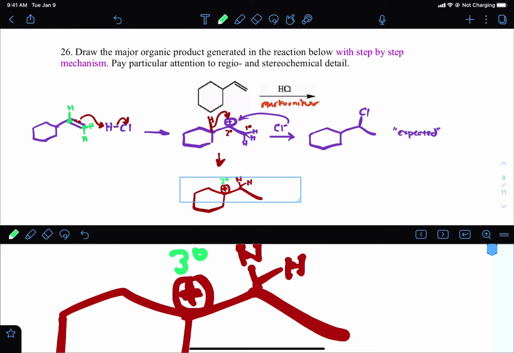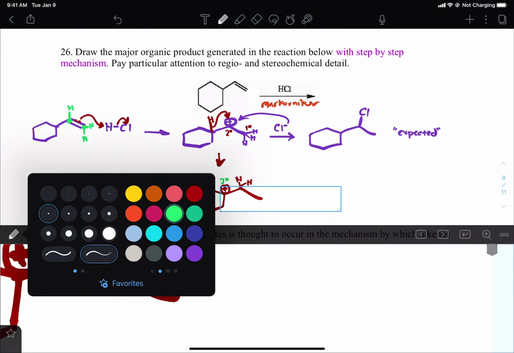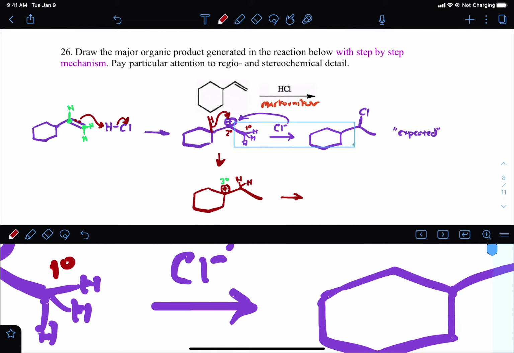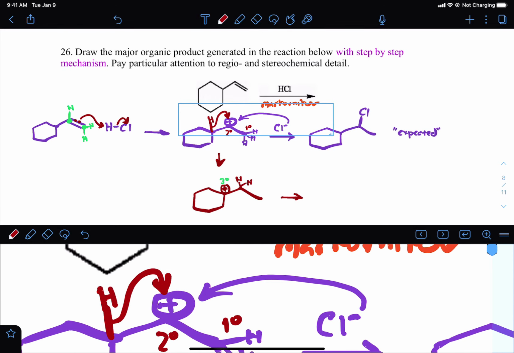In this case, we have a cation and we can shift a hydrogen. So that's going to happen, and it's going to happen fairly rapidly. As long as the cation gets more stable, the shift will happen faster than nucleophilic attack will. Okay, so basically this is a race. This is a race to say who's going to get there first.